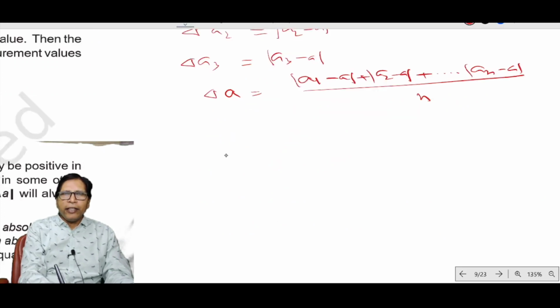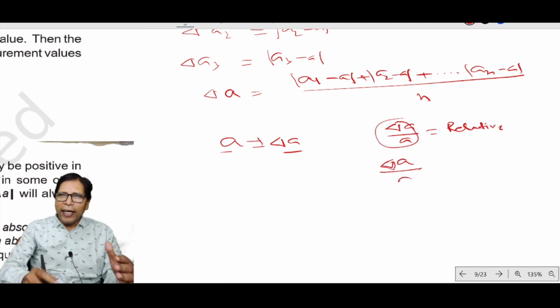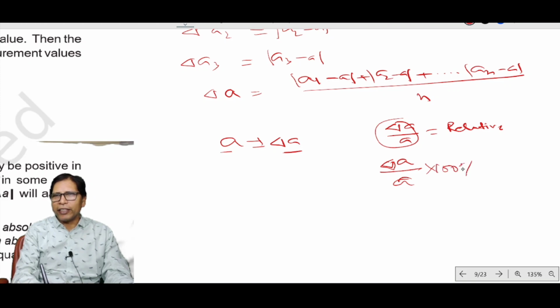Now the physical quantity is written as A plus minus delta A. This is the correct value and this is the error in measurement. Now look at this, delta A by A is called the relative error. If relative error is expressed in percentage, it is called percentage error. So percentage error is delta A by A into 100%.